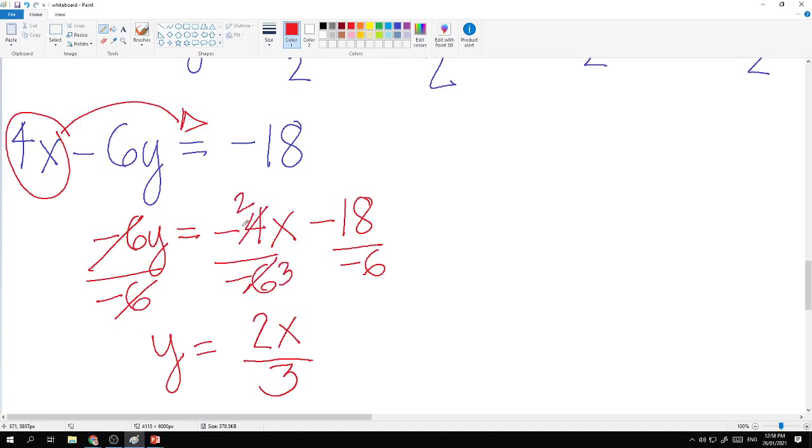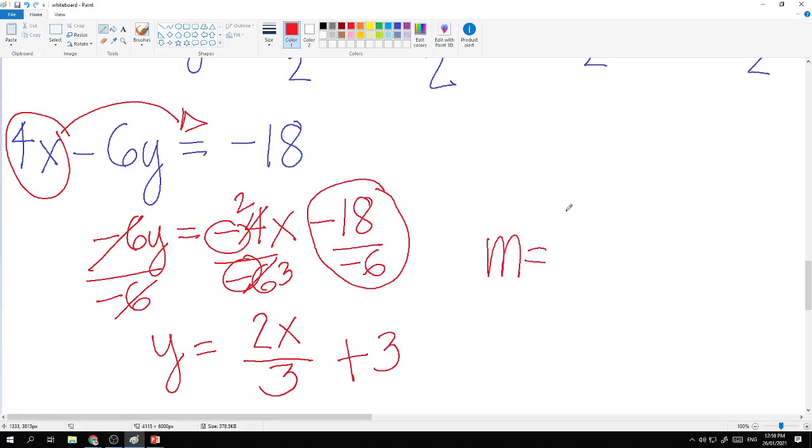That's 2/3. And it's positive since it's negative over negative. What about this one? Plus 3. That's totally right. And what is the value of the slope? 2/3. What about the value of the y-intercept? 3. Okay.